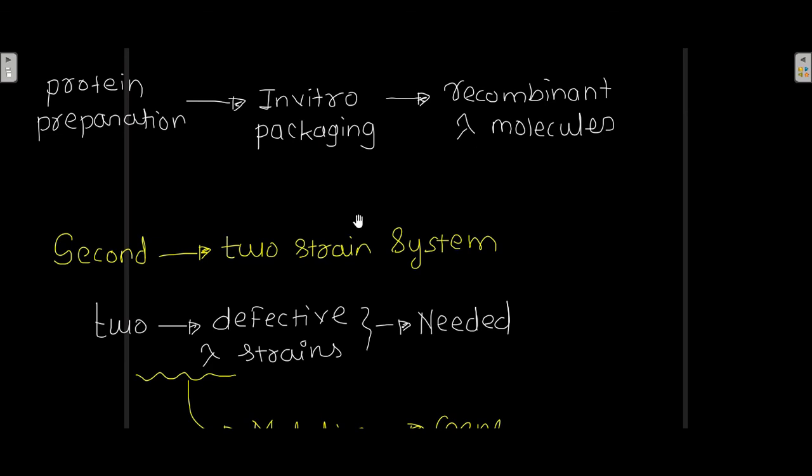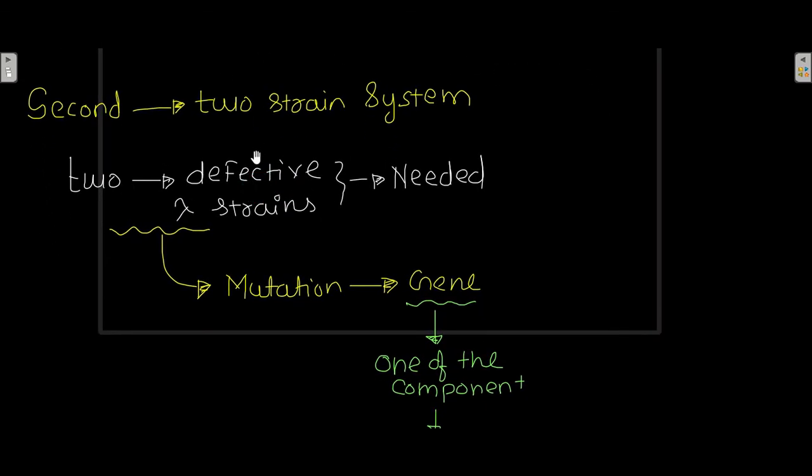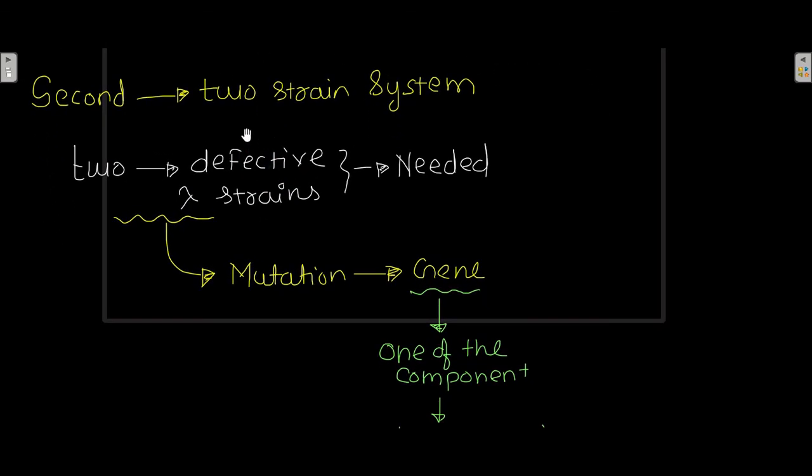Now the second system by which you can obtain those packaging proteins is the two-strain system. In this system we are using two different defective lambda strains. You are taking two strains and both of them are defective.